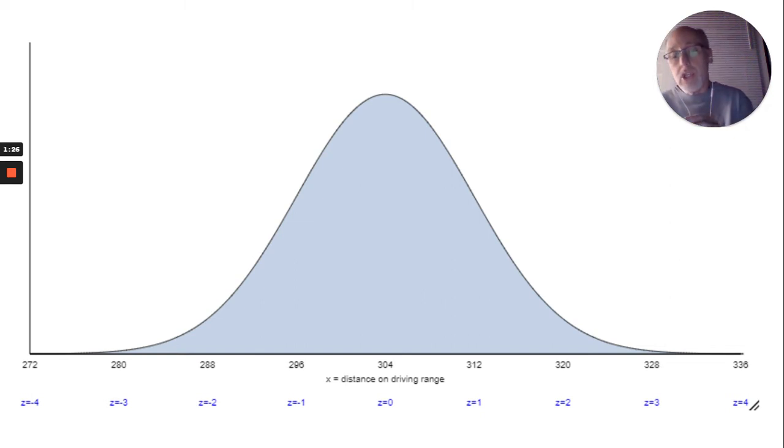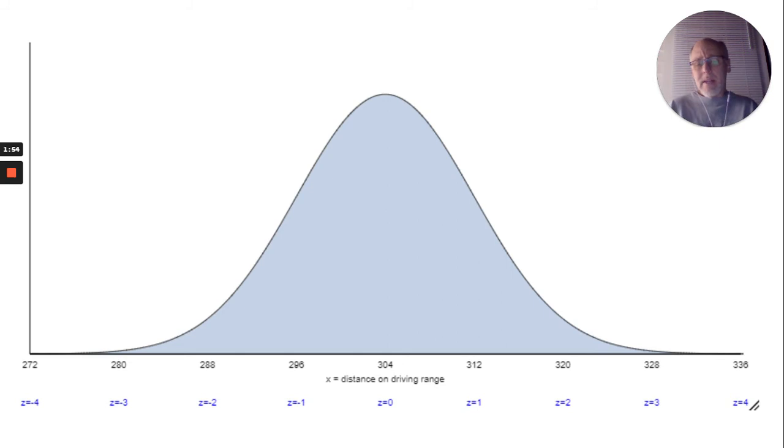You also get 296, 288. Those are the standard or regular values of 1, 2, 3, even 4 standard deviations out. As a matter of fact, you can see that I've put z scores underneath those because that's the same thing. A z score of 1 means you're 1 standard deviation away. So 312 is the same as a z of 1.